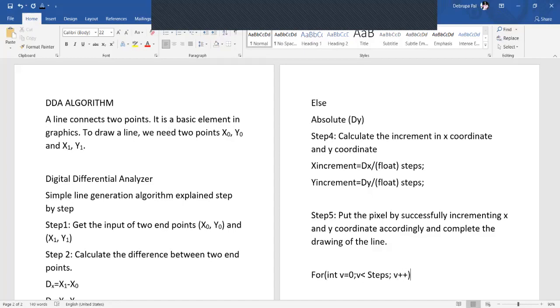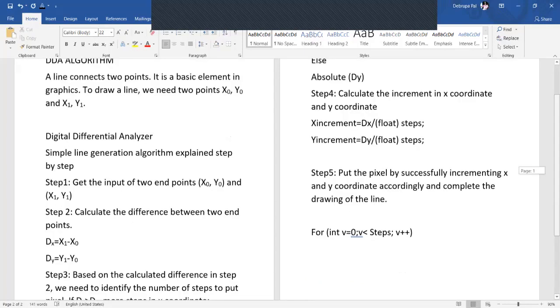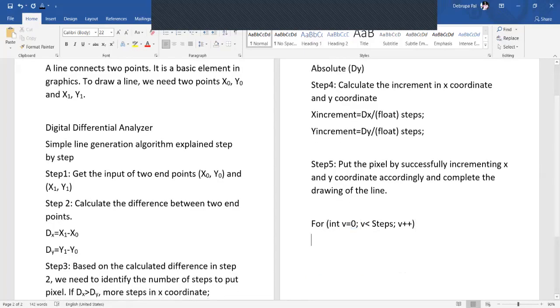We will increment it as x is equal to x plus x increment, y is equal to y plus y increment.